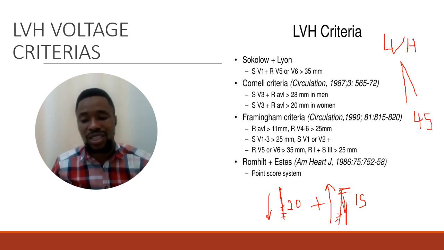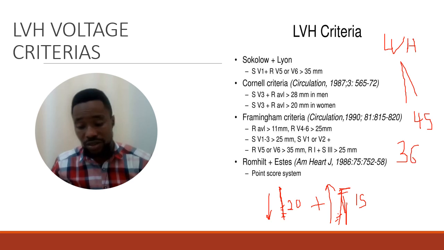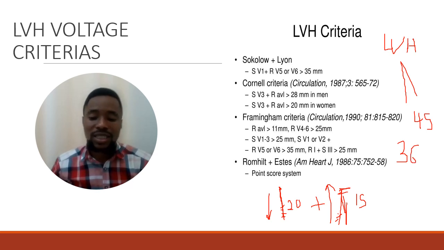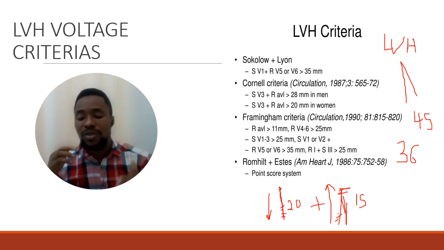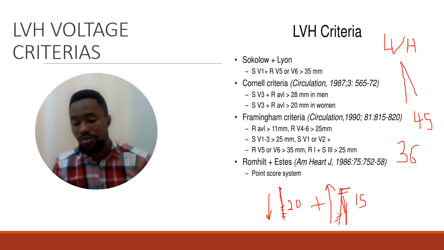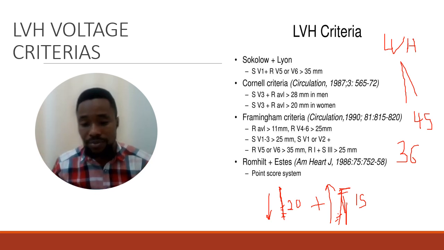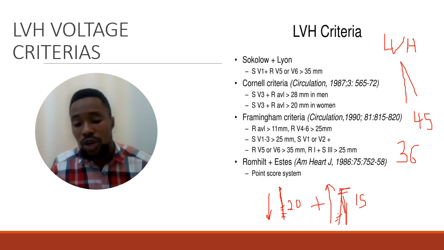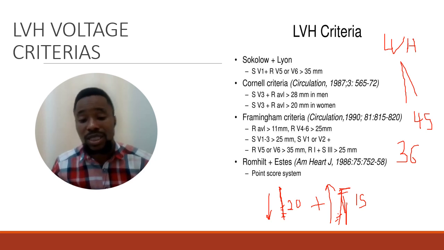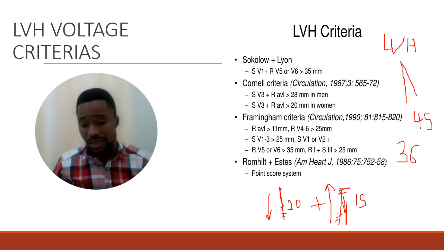Because at times when you get 36, the patient on echo might not have LVH. So there's one that is more specific for LVH compared to both of them, which is the Cornell. So Cornell is more specific. But in terms of Cornell voltage criteria, you use S wave in V3 instead of S wave in V1.